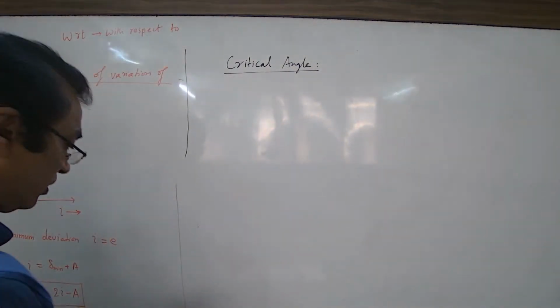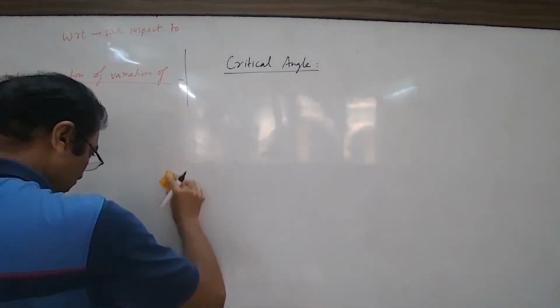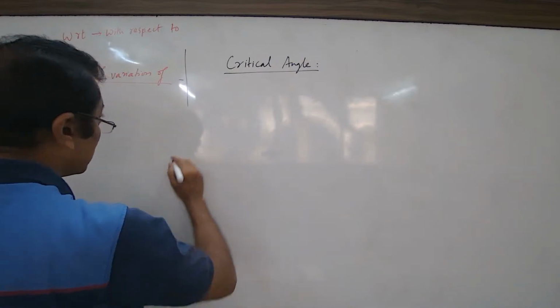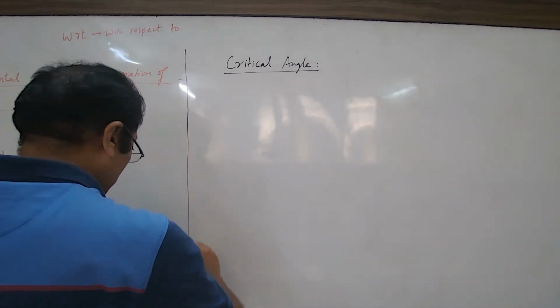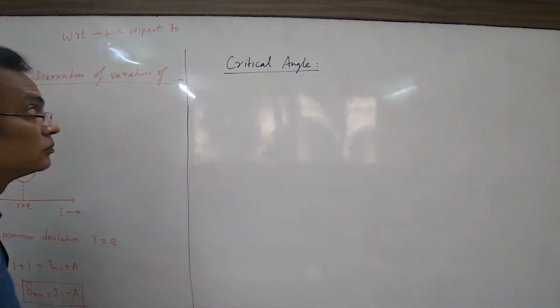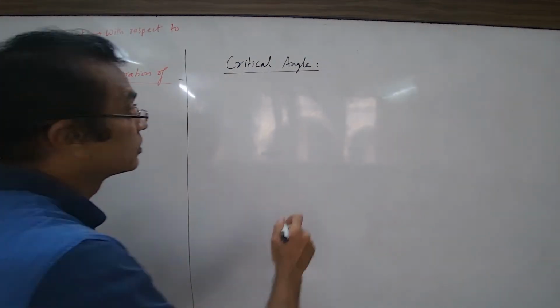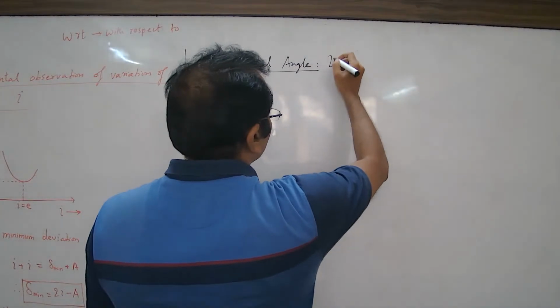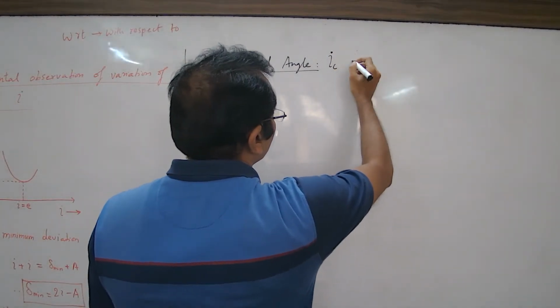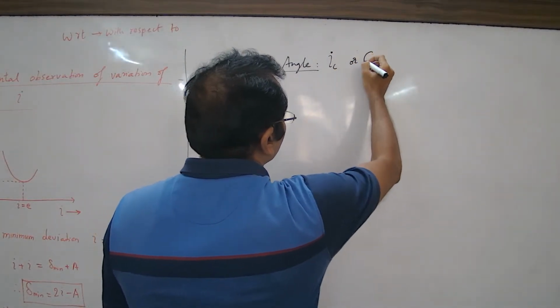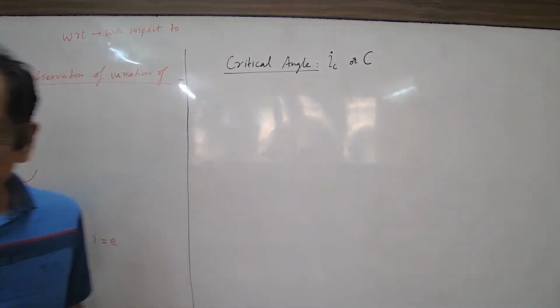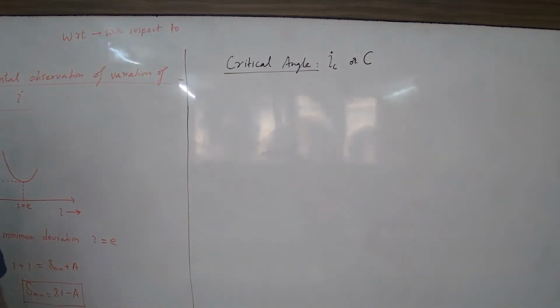What is critical angle? So critical angle is represented with this symbol IC or capital C. Okay.